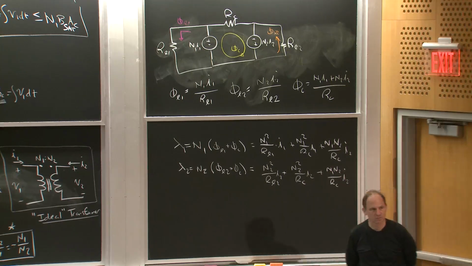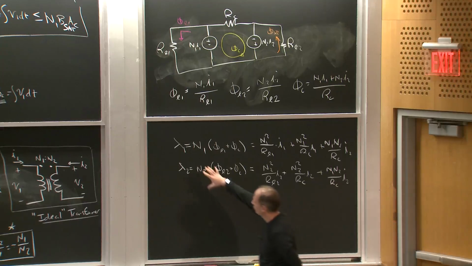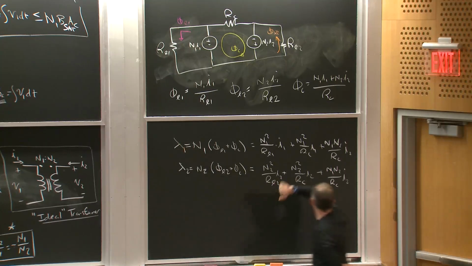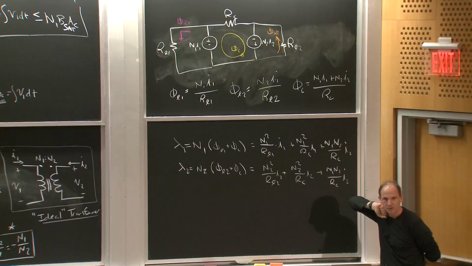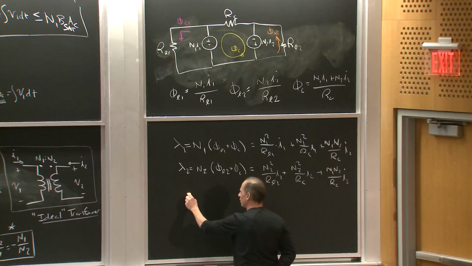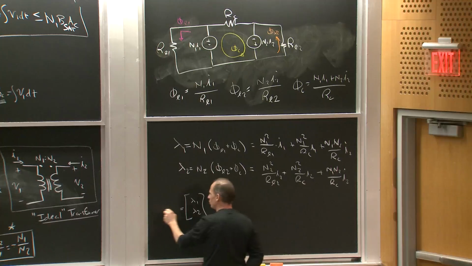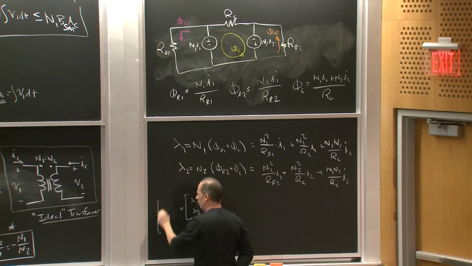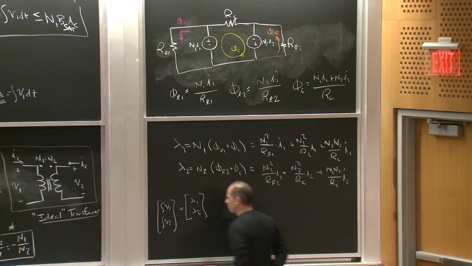Okay? So that's two equations expressing the two flux linkages in terms of I1 and I2. I could put that in a matrix form, and that would be lambda 1, lambda 2, which is essentially the integral of V1 and the integral of V2 dt.